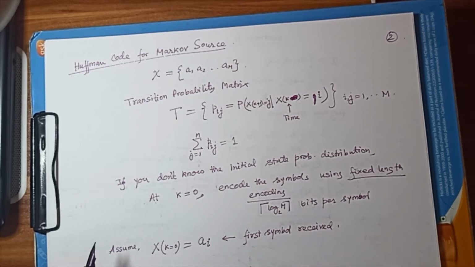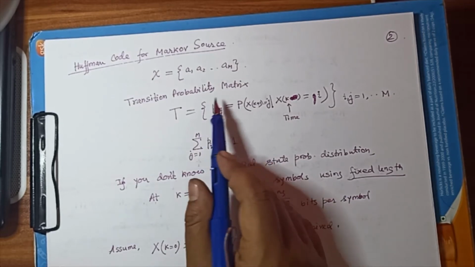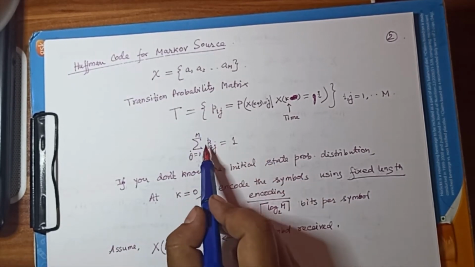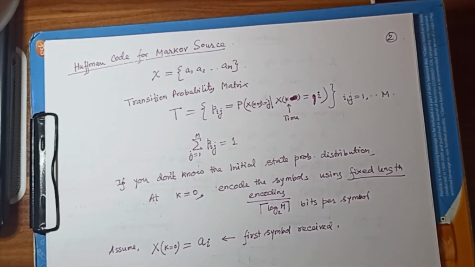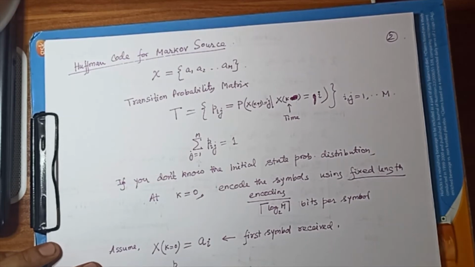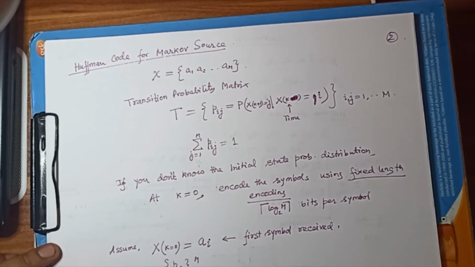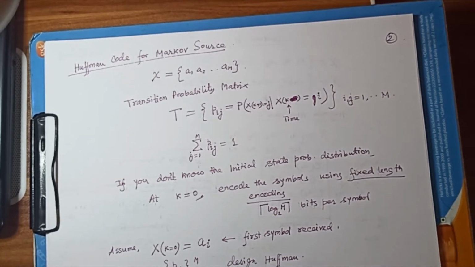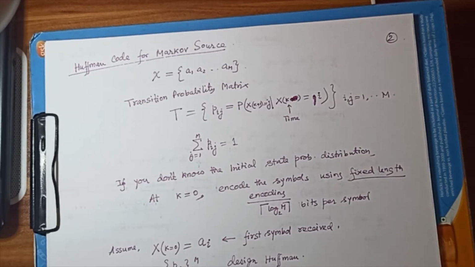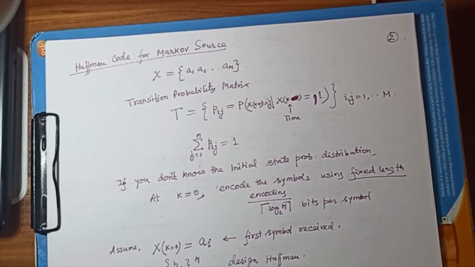Then you know the probability distribution, and for every I you have Pij for j equal to 1 to m, which is like a PMF for the next state. Using Pij for that particular I, design a Huffman code and encode the next symbol based on that tree, and send.